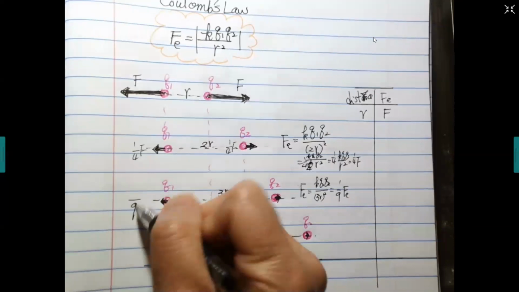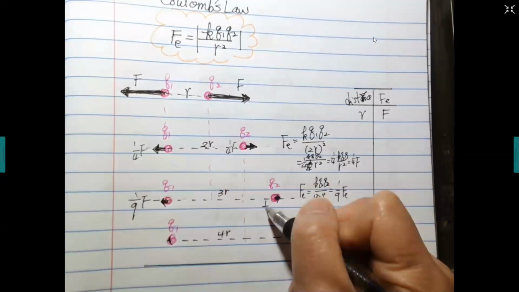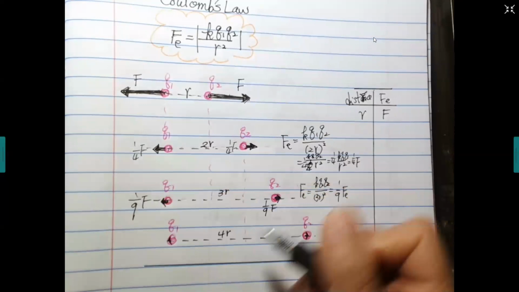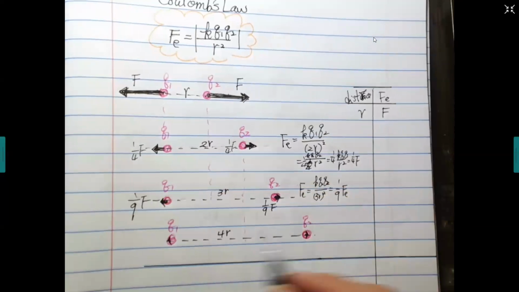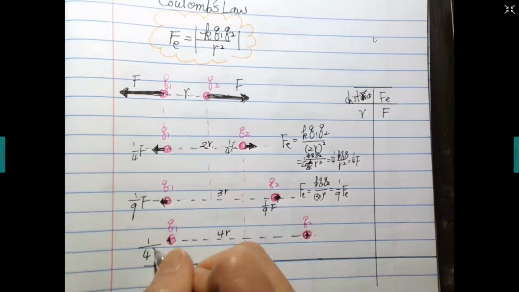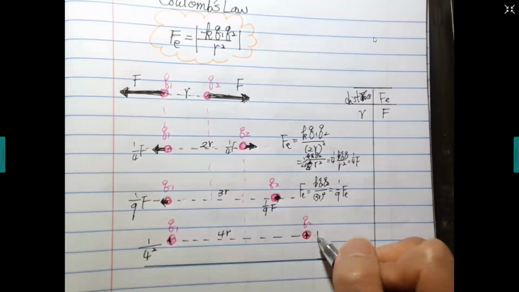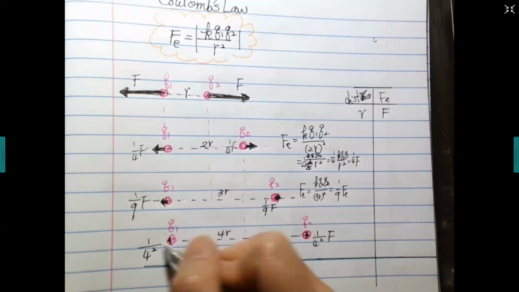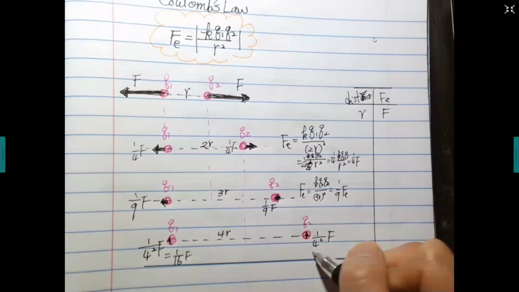Apply the same method, we will find when the distance between two charges is quadrupled, then the force will be 1 over 4 squared F, which equals 1/16 of the original force.